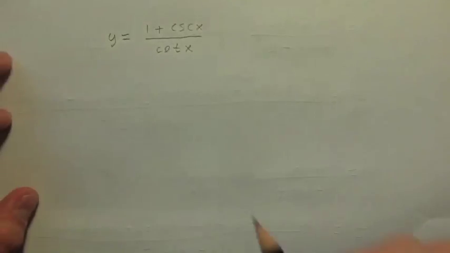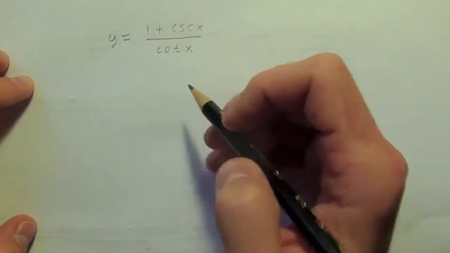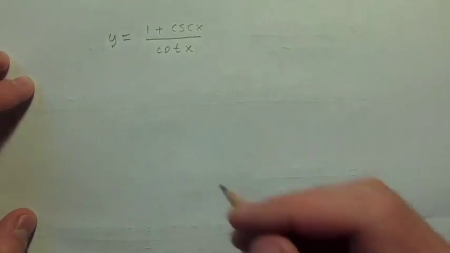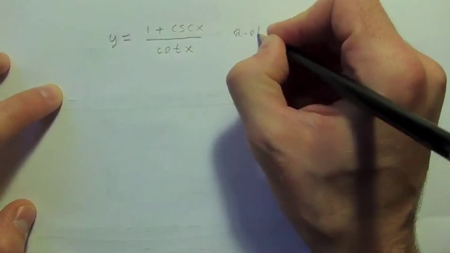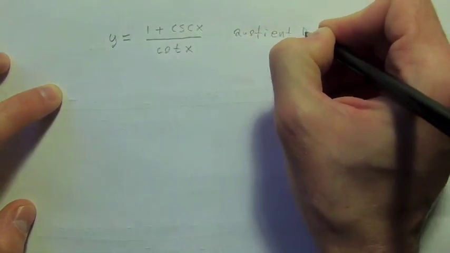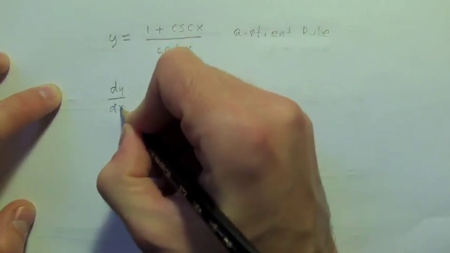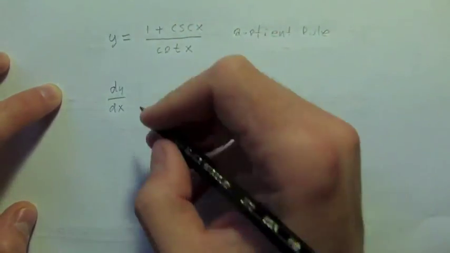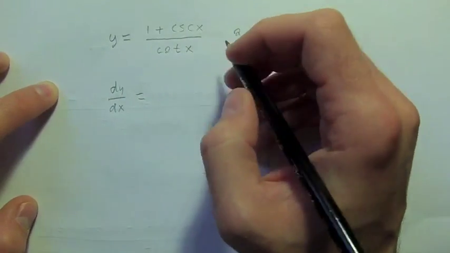All right, next example, we have y is equal to 1 plus cosecant of x all over cotangent of x. So this is going to be quotient rule. So dy over dx is going to be, remember, top goes first, so the derivative of the top.